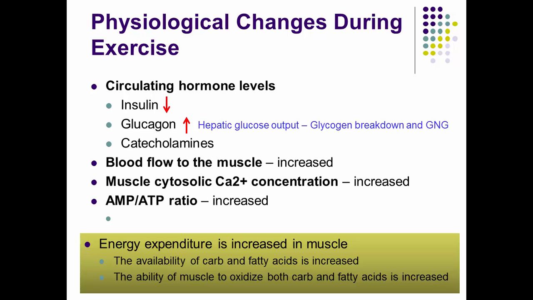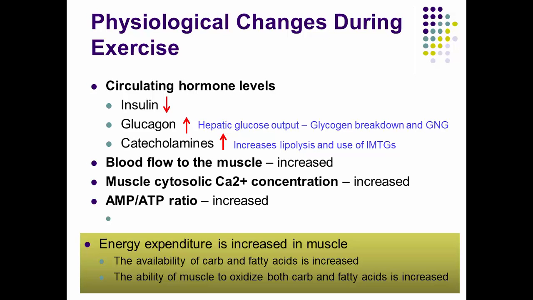So the liver makes glucose, which is then released into circulation and used by skeletal muscle. And catecholamine levels also increase, which I already explained, right? The main purpose in our body of increasing catecholamine is to stimulate lipolysis and increase fatty acids released from adipose tissue.